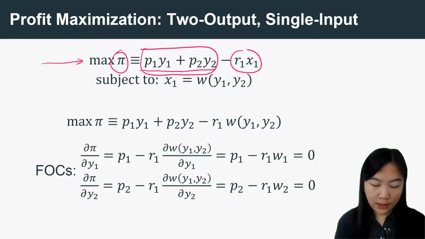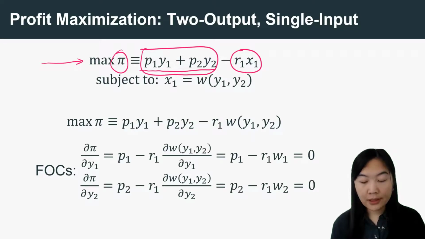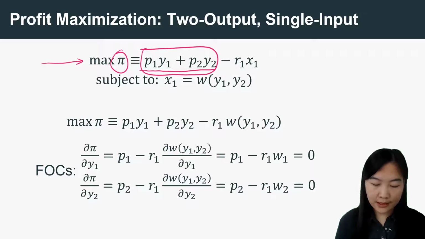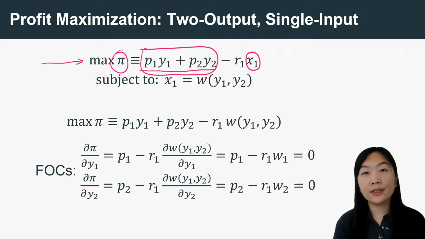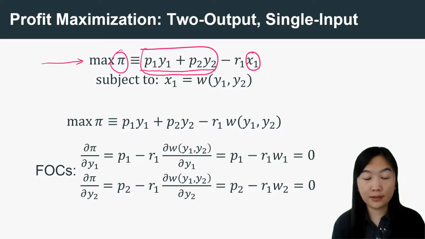And we actually have to deduct the cost of the input. Remember, in revenue maximization, we said that the input level is given. So if x1 is given, then we can find the revenue maximization point.